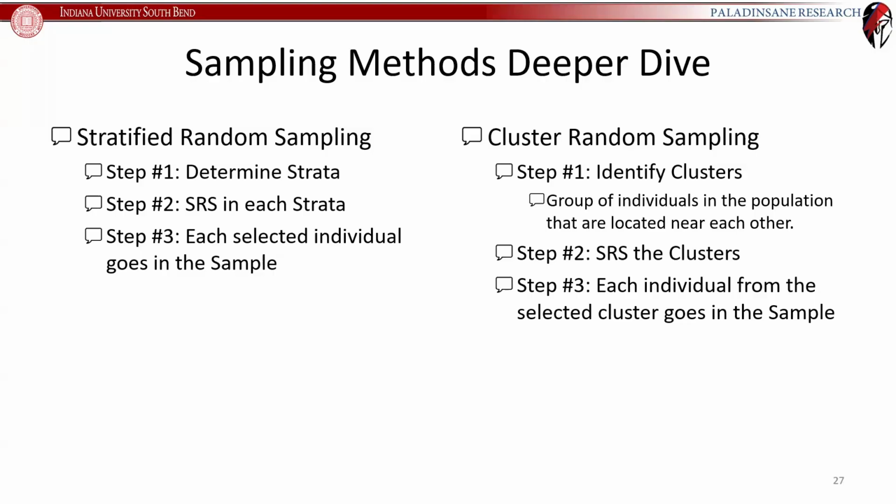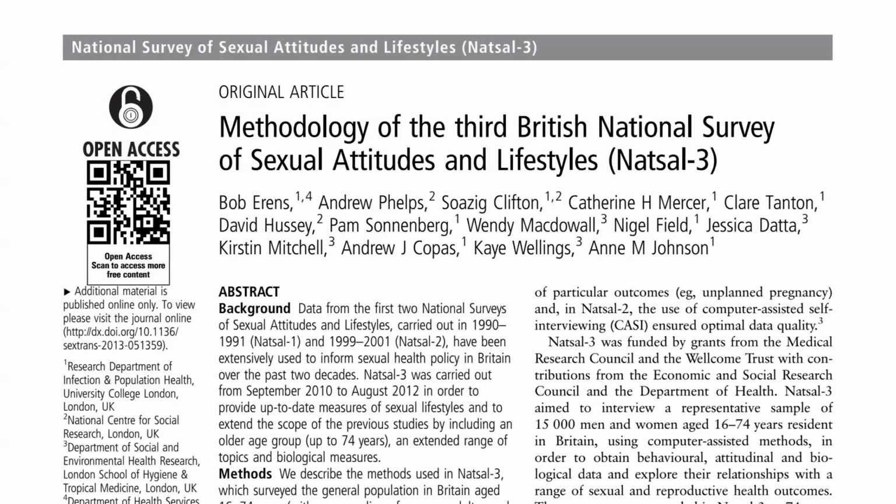So this is something that is oftentimes used when you're doing a study on a population that is really large and spread out over a wide area. So if you ever want to know something about the population of a country, typically you would use a strategy like clustered random sampling. One example that recently came out was the British National Survey of Sexual Attitudes and Lifestyles.